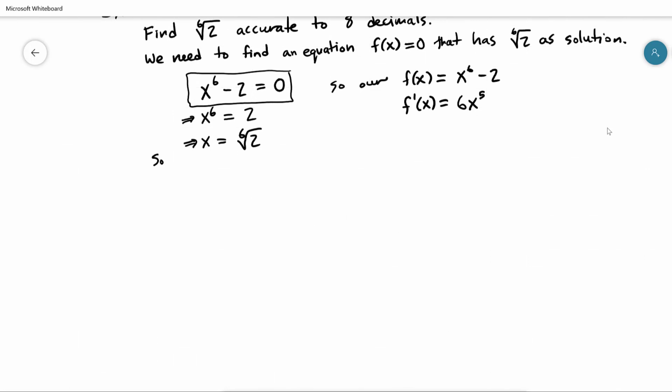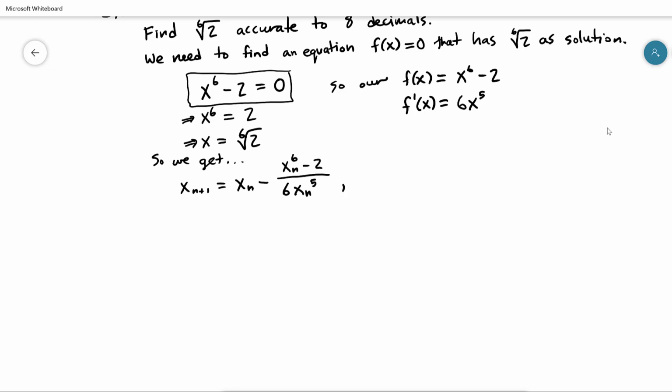My x_(n+1) is going to be equal to x_n minus the original function, so x_n to the 6th minus 2, divided by the derivative of the function, 6 x_n to the 5th power.